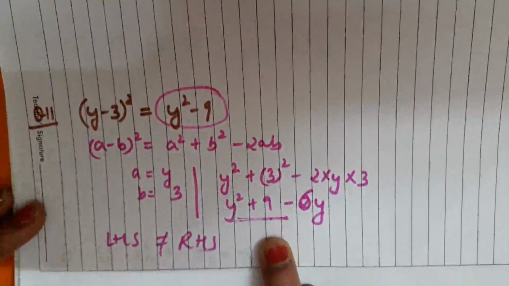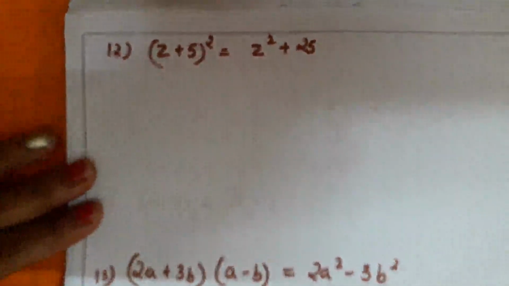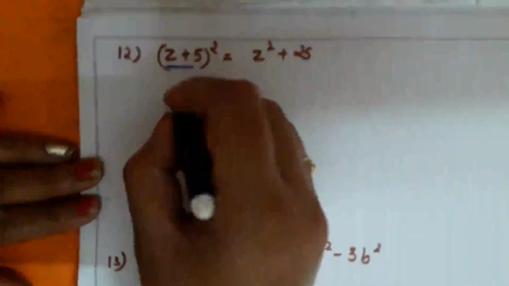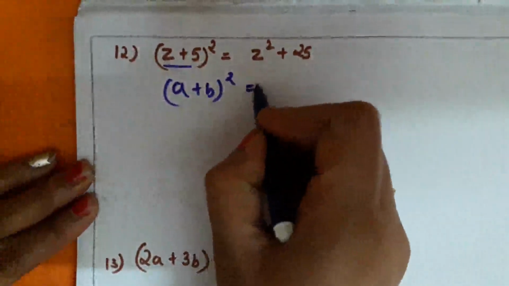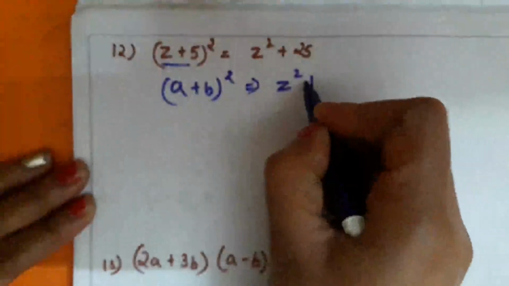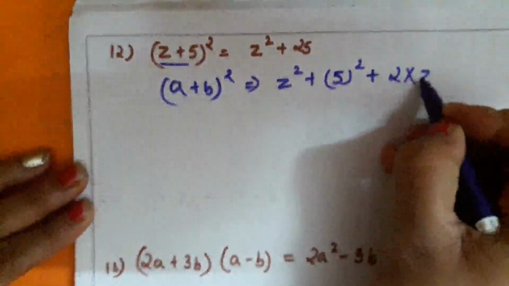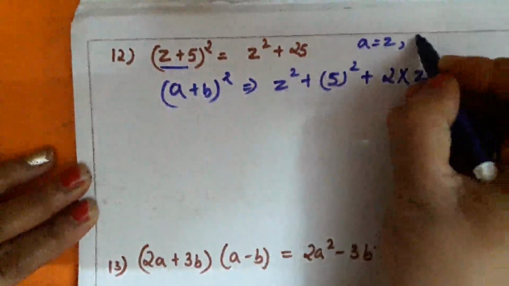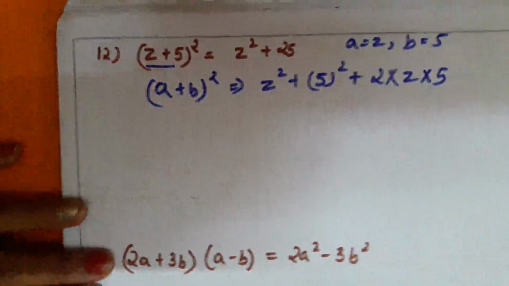Okay, let's move to the next question. Now a similar question like we have just discussed in the previous one. So here z plus 5 whole square, it means we are going to use the a plus b whole square formula. Z square plus 5 square plus 2 into z into 5, because a is z here and b is 5 here. So I have just put the value inside the formula.